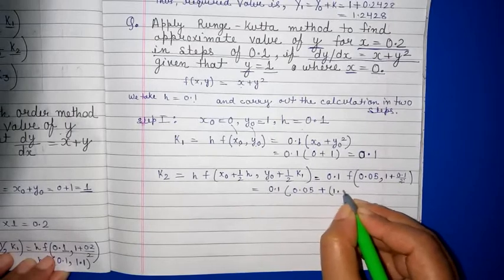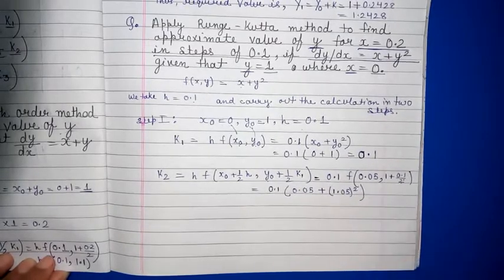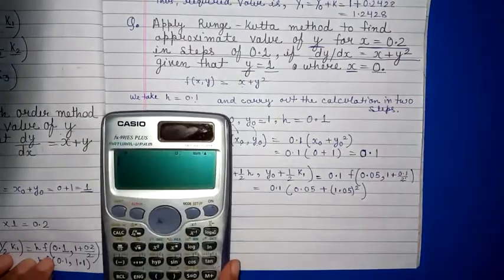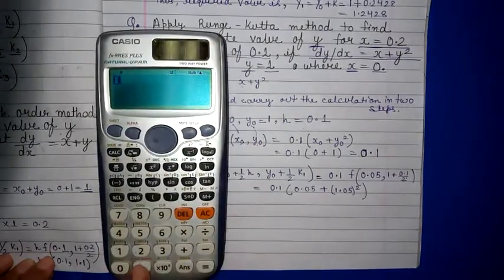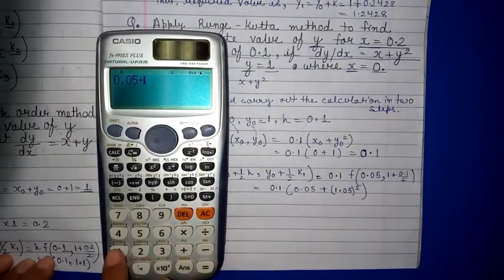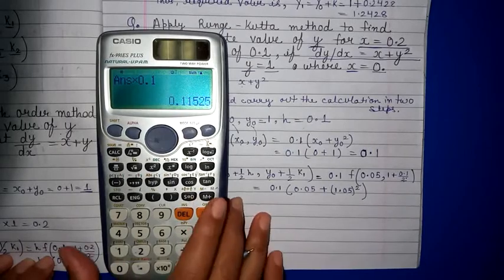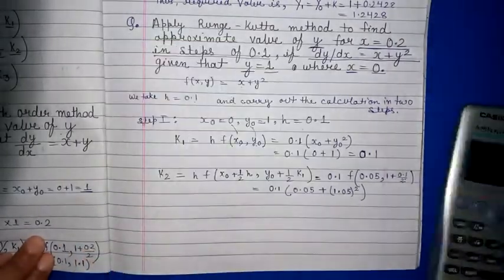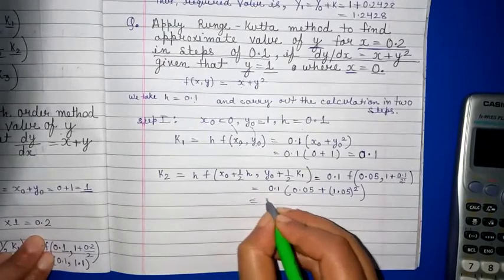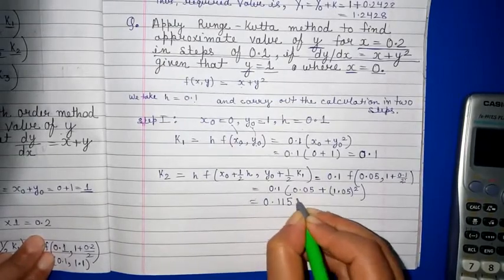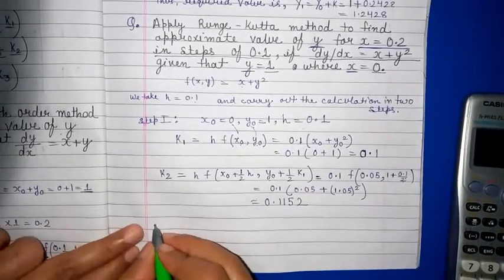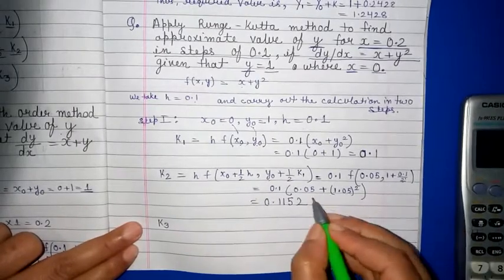So it will be 1.05 whole square. Now if we do the calculation with the help of a calculator, it will be 0.05 plus 1.05 into 1.05. This multiplied by 0.1 means our value is 0.1152. So k2 is 0.1152.